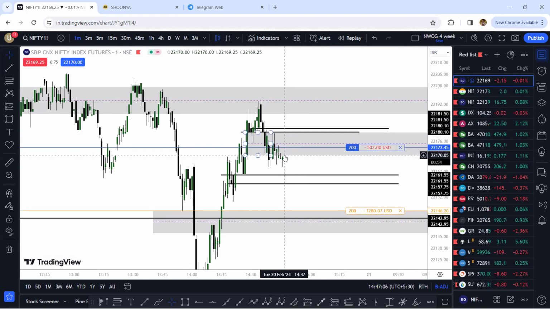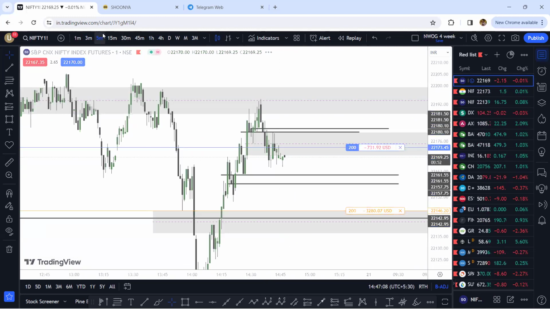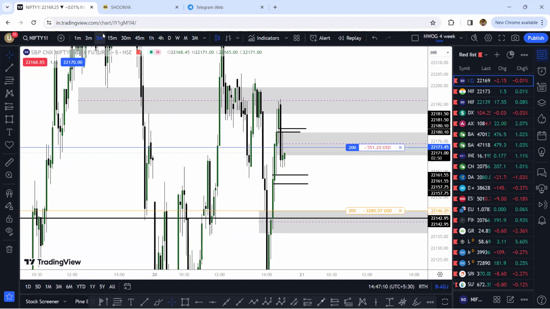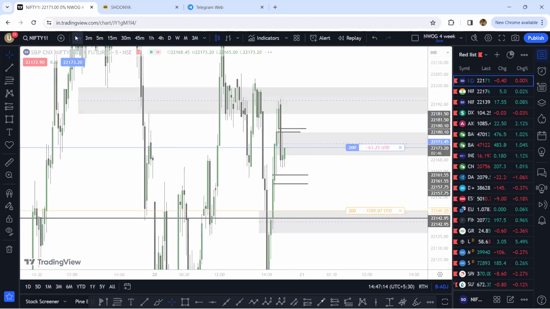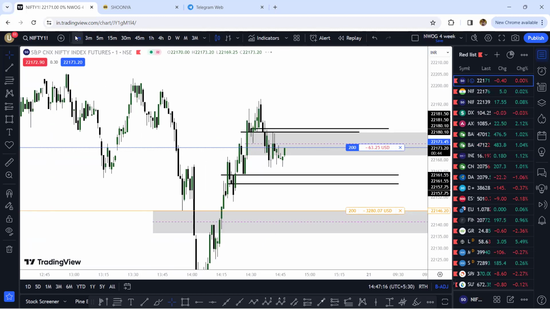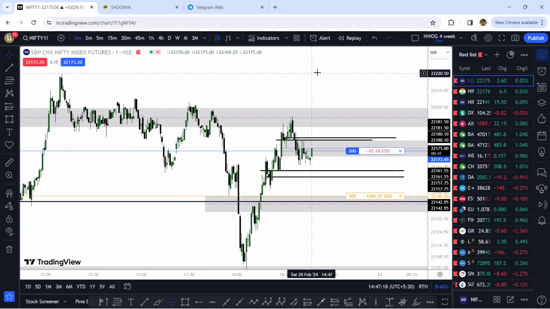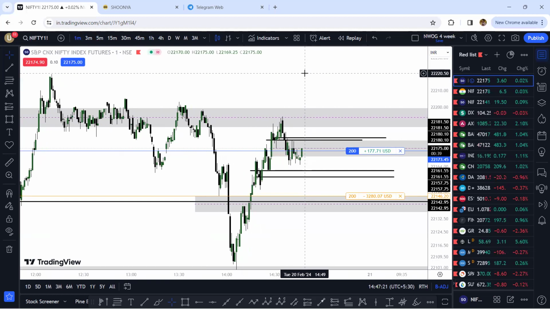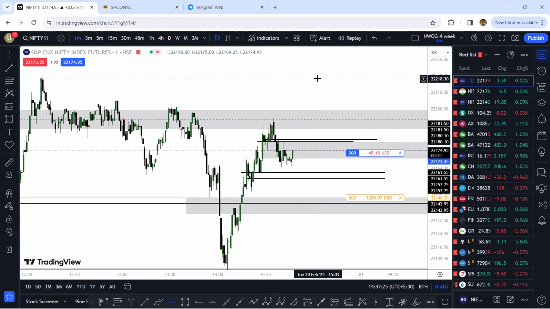As you can see here, I want to see this get reclaimed. The price should sustain above it. Nothing to be excited about here.